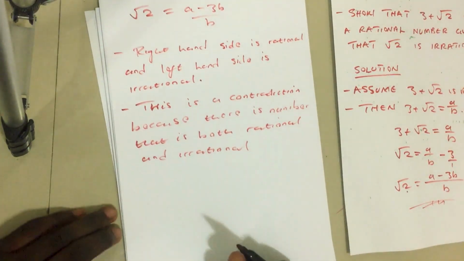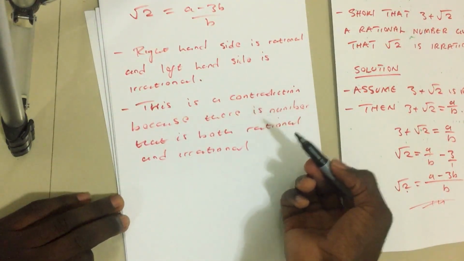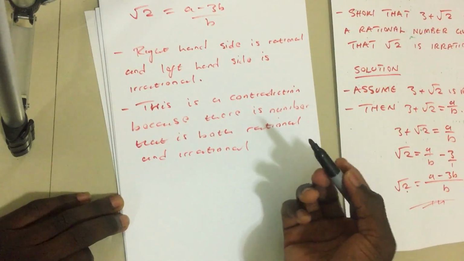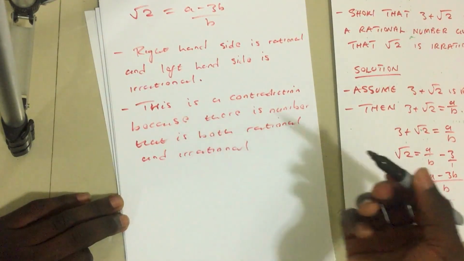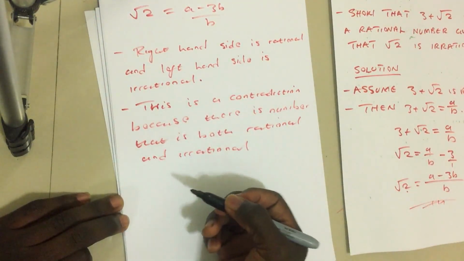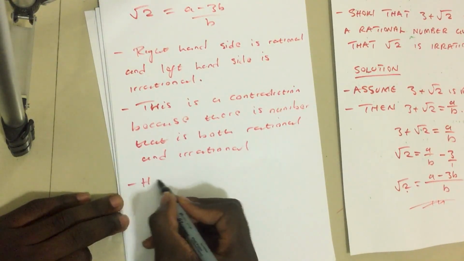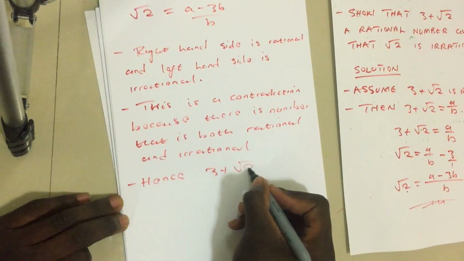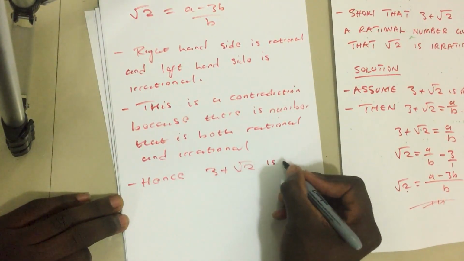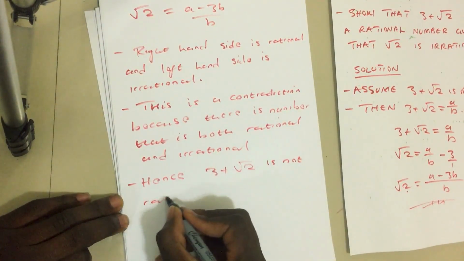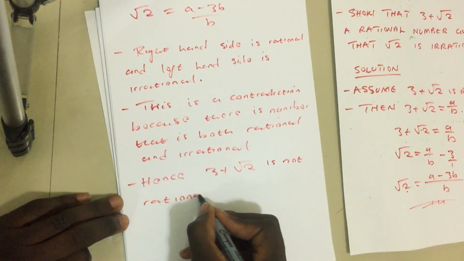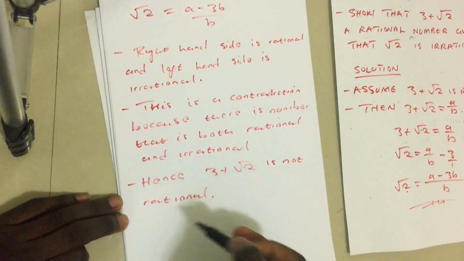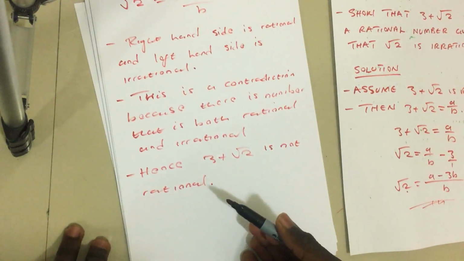And so since this contradiction proves that there's no number that can be both rational and irrational, we can say hence 3 plus the square root of 2 is not rational. All right, so this concludes our solution for this question.